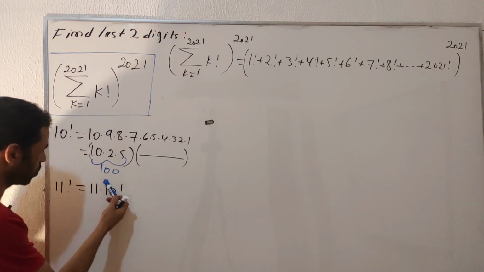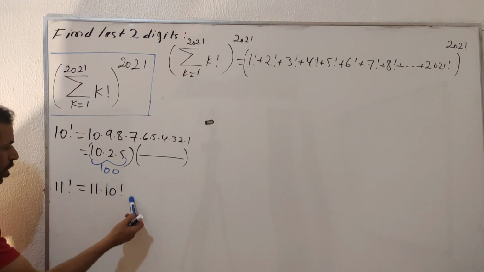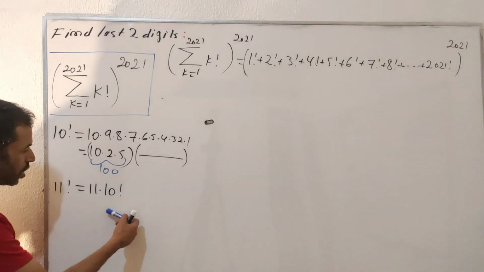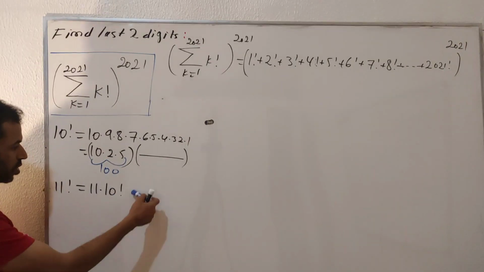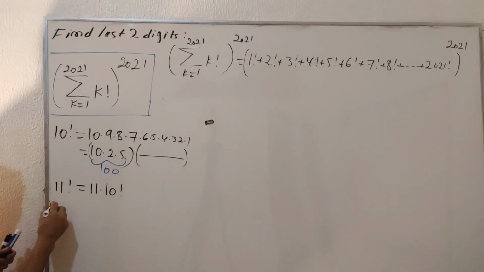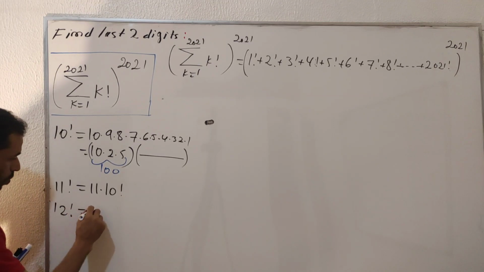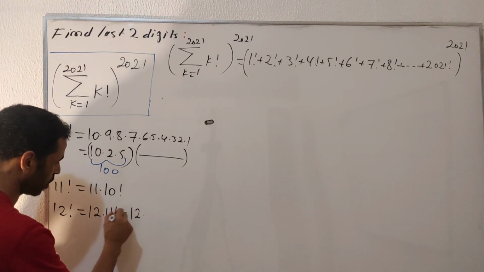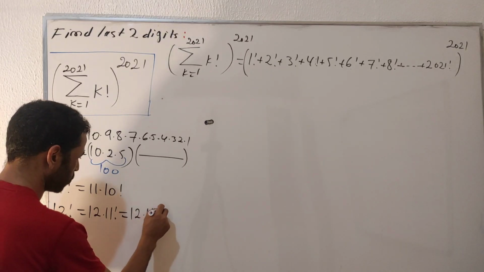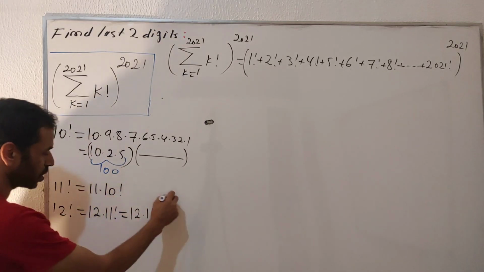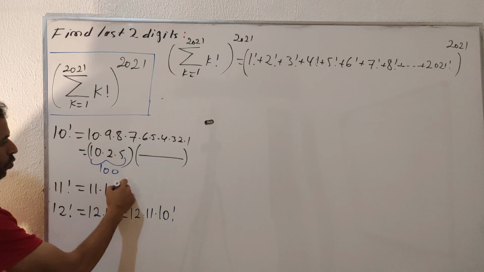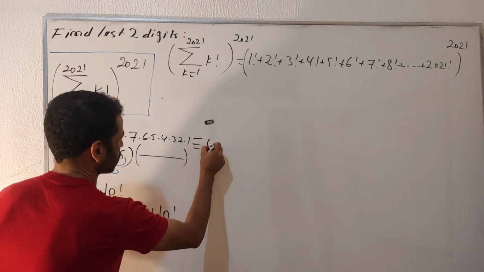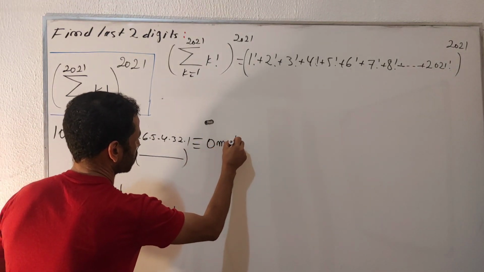As you go up in the factorial values, 10 factorial is always repeating here. So 12 factorial is 12 multiplied by 11 factorial, which is 11 multiplied by 10 factorial. Always you get 10 factorial available here. We found out this 10 factorial is congruent to 0 mod 100.